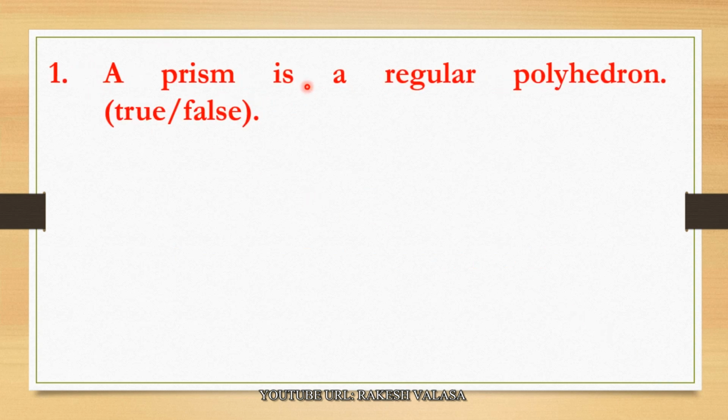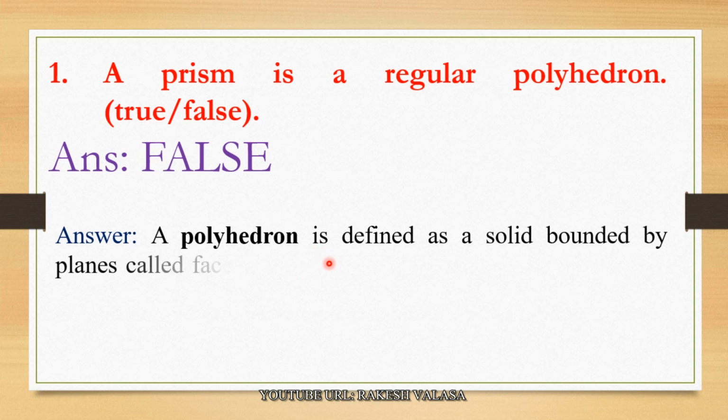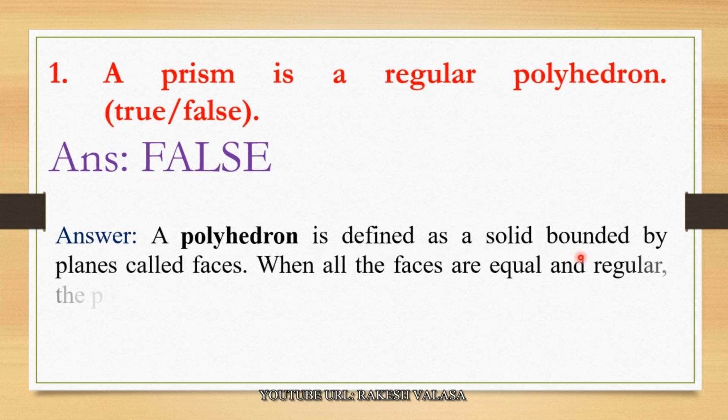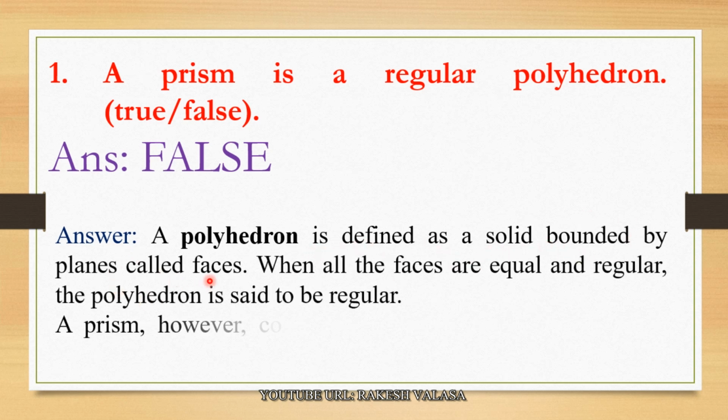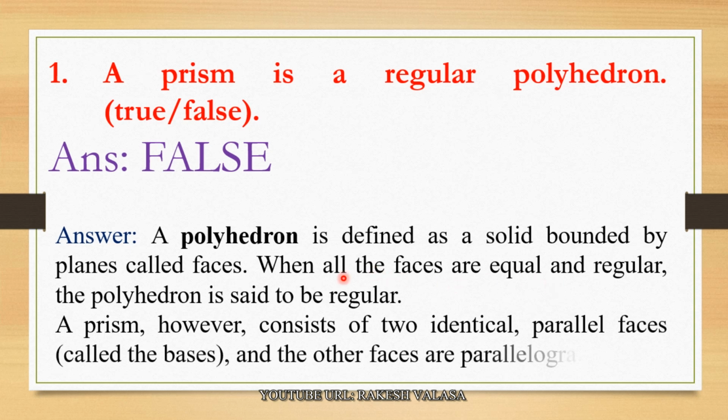A prism is a regular polyhedron. Is it true or false? The correct answer is false, because a polyhedron is defined as a solid bounded by planes called faces. When all the faces are equal and regular, the polyhedron is said to be regular.